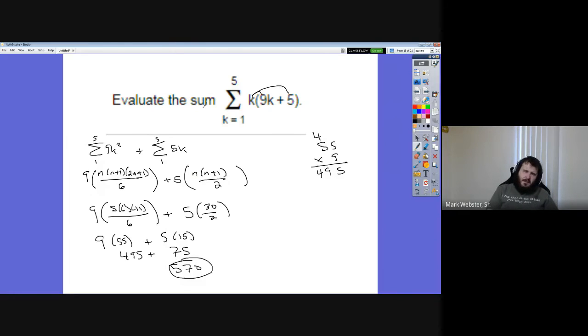So notice what we did. First things first. When I've got something troublesome like this, break it out, make it into a polynomial like 9k squared plus 5k. Then you can break it up. Remember, you can always break up across a plus sign. You can't break up across a times sign. So make sure that you get it all into discrete plus sign things.